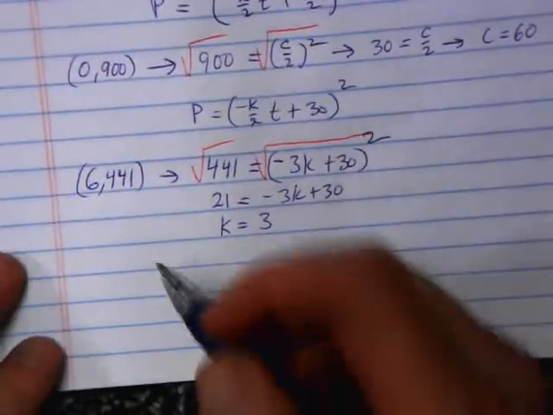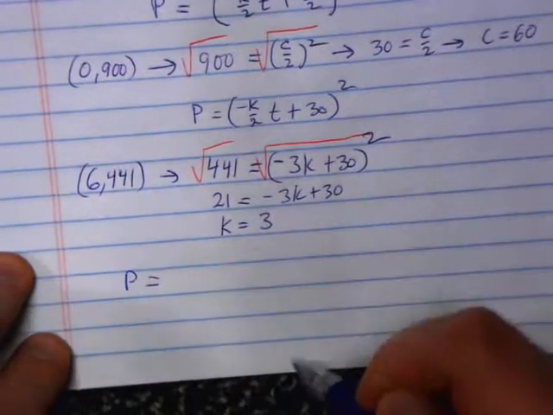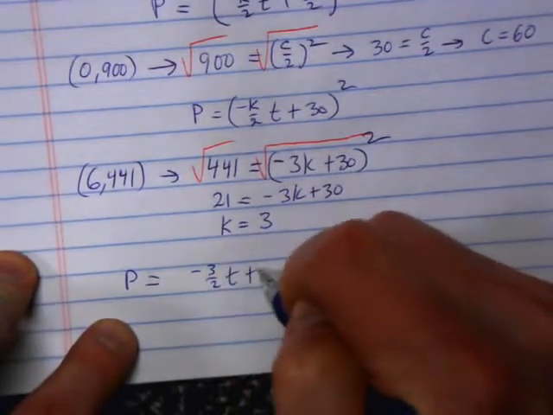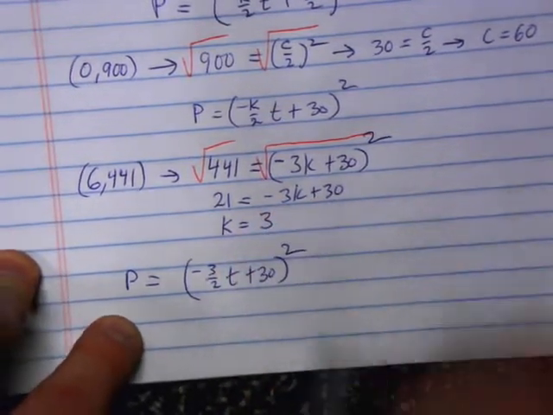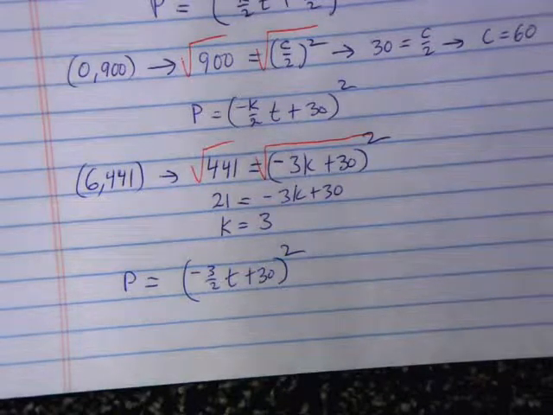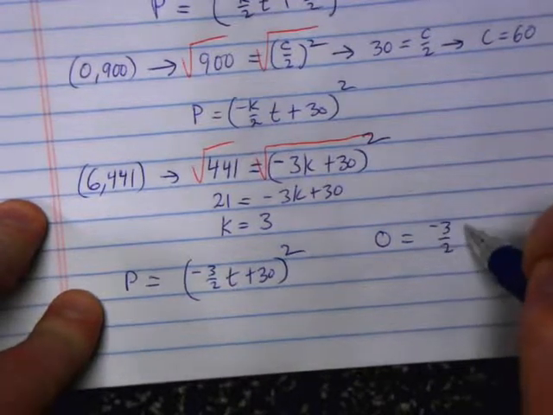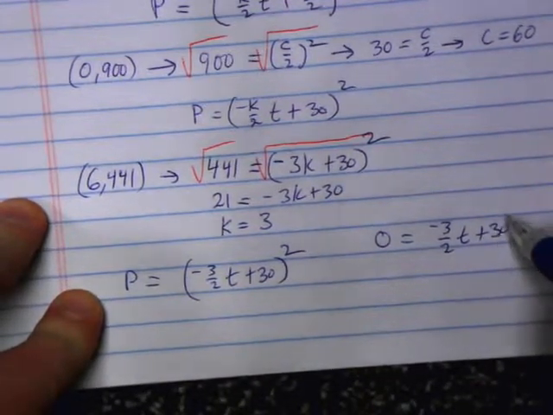All right, so my population formula is minus 3/2 t plus 30, squared. Now I'm ready to answer the question. The question was, how long would it take for all the fish to die? When do all the fish die, which means population would be 0. So 0 equals minus 3/2 t plus 30, squared.